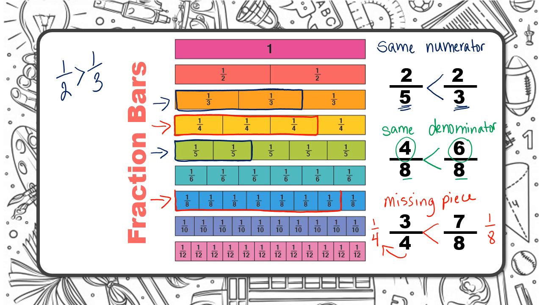It's missing one piece. Take a look at the size of this missing piece here, boys and girls, and this missing piece. You'll notice that 1/4 is a bigger missing piece than 1/8, so it's further away from the whole. So 3/4 is smaller than 7/8. And if I draw a line right through the other fraction bars, I can see where 3/4 is and 7/8. So 3/4 is less than 7/8.